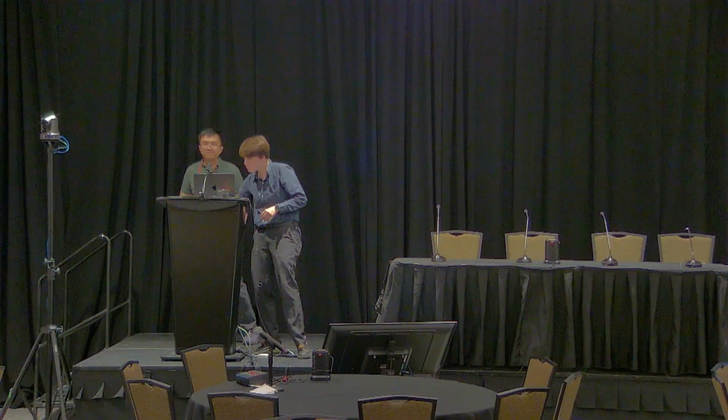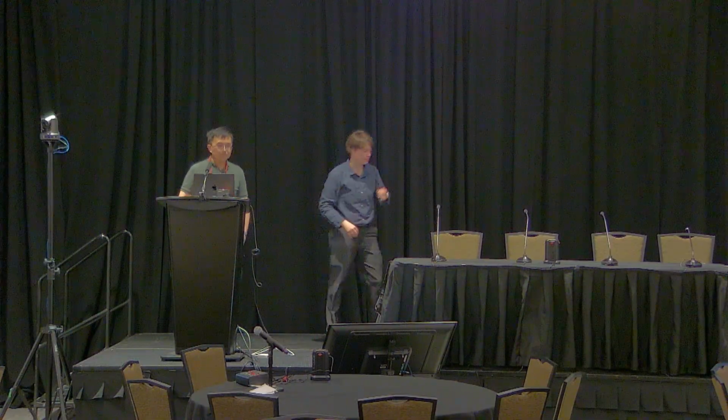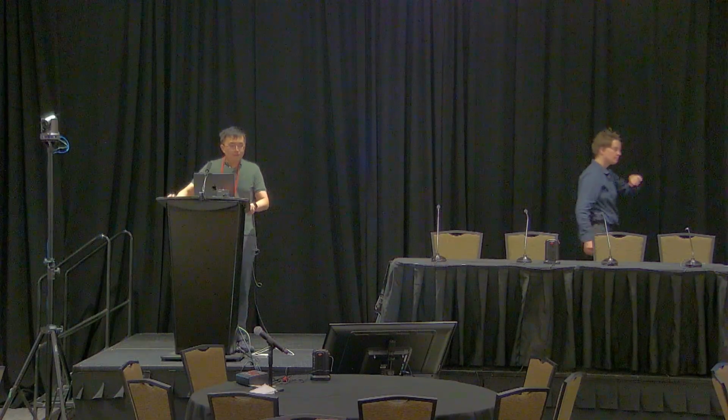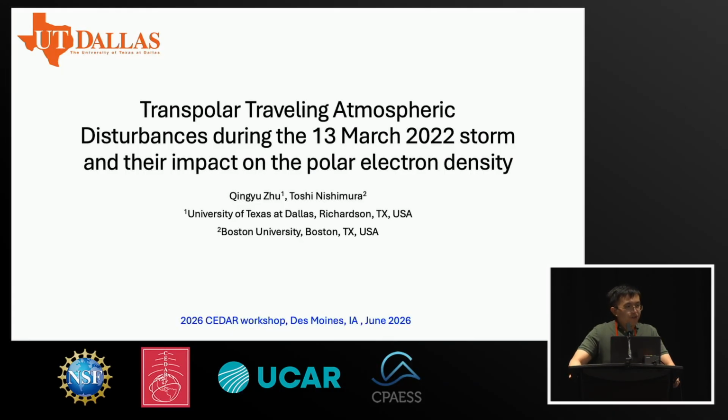Presenter mode. Thank you, Ness. So, hello everyone, this is Chun from UT Dallas. Today I'm going to talk about the polar traveling atmospheric disturbances, TADs, during the event I presented on Tuesday, and their impact on the polar electron density structures.